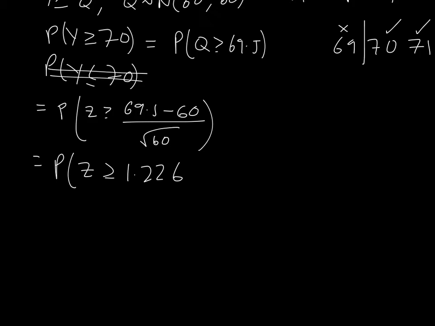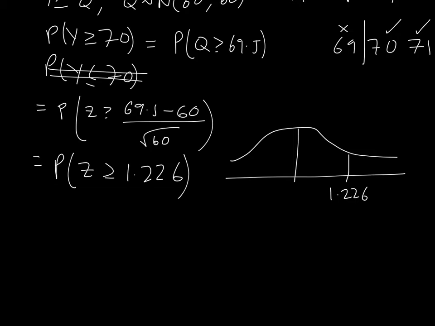And this is the same as the probability that Z is greater than or equal to 1.226. So drawing in my normal distribution, 1.226 we can say is about there, and we want this area. So we're going to be doing 1 minus the probability that Z is less than or equal to 1.226.